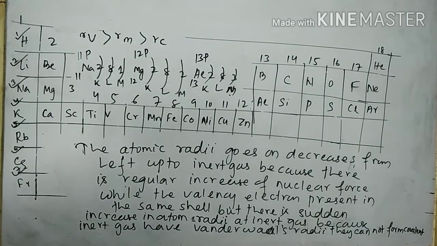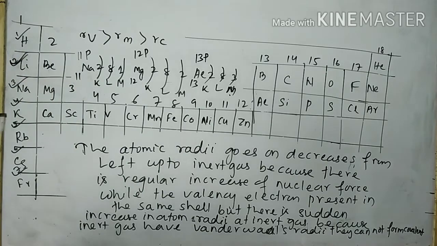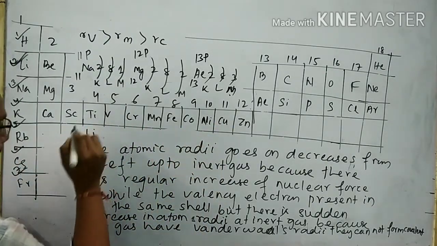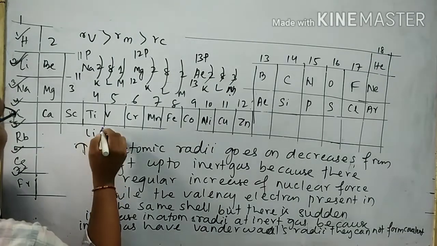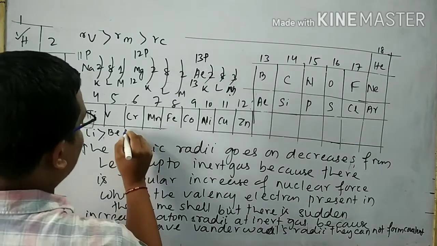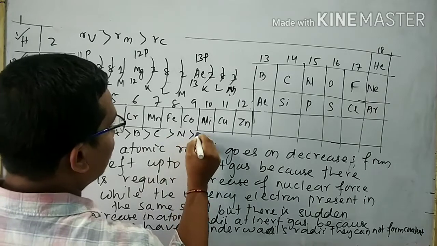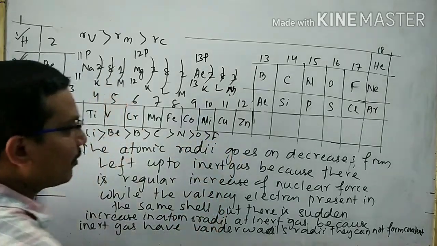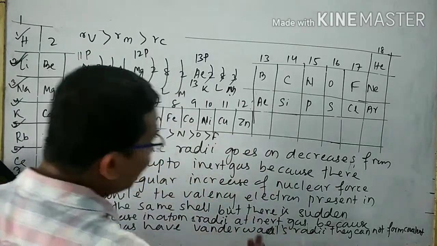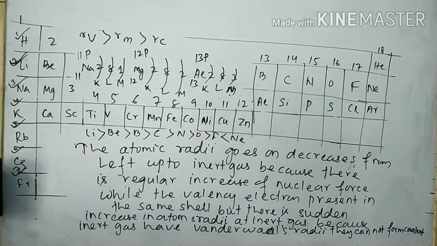Suppose I think about the atomic radii of second period elements. Then what is the order? Lithium has more atomic radii than beryllium. Next, boron, carbon, nitrogen, next is oxygen, next is fluorine, up to inert gas. Then there is a sudden increase of the atomic radii at inert gas, that is neon.